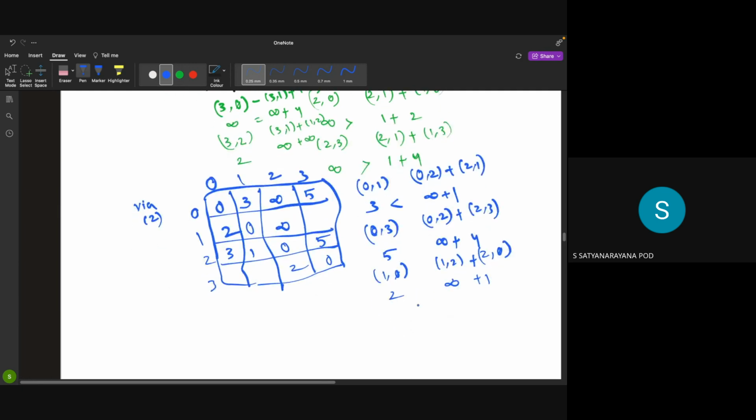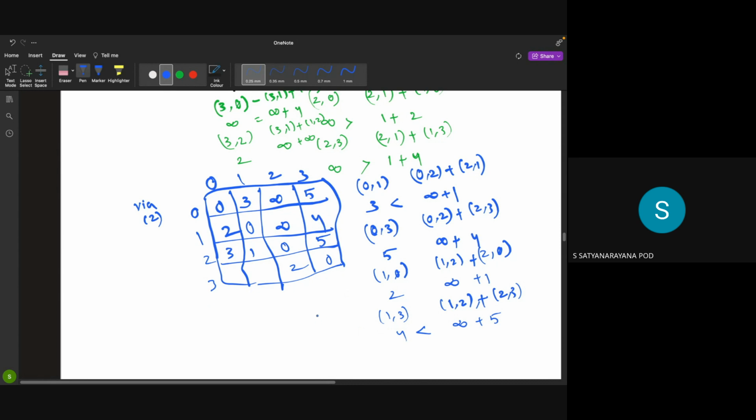Whenever we try 1 to 3, there are two ways: 1 to 2, and then 2 to 3. So 1 to 3 is 4, and 1 to 2 is infinite, and this is 5. I think 2 to 3 is 5 only, yes. So 4 is a better value, so we are updating this 4.